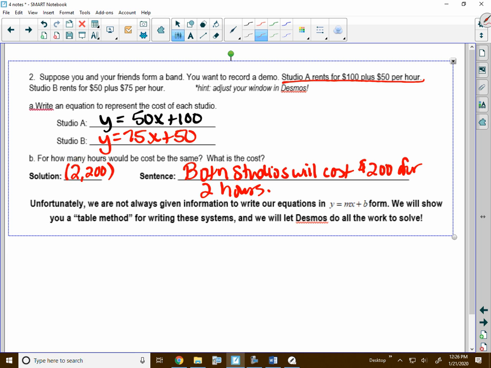It might be more initially, but since you're going to go more hours than 2, you want the one that has the smaller fee per hour. If you were going for maybe an hour, or 2 hours, then you would definitely want Studio B because it's not as much initially. Yeah, it's a little bit more for the hourly rate, but you're not going to be in there very long.